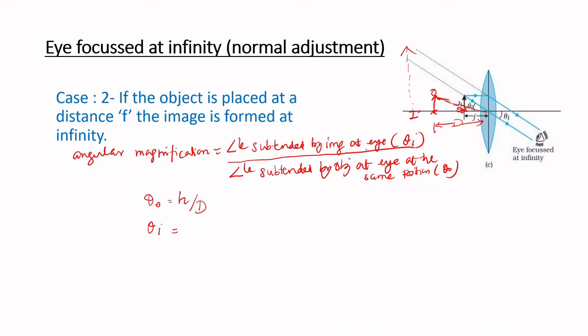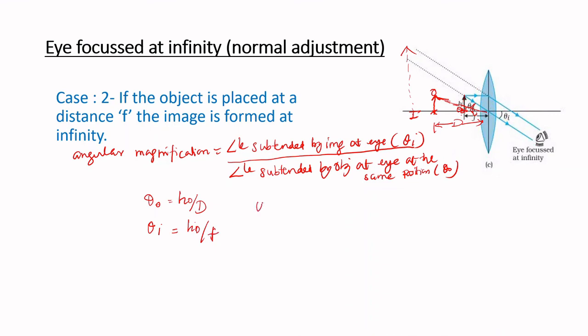Since we already shifted the object to F, from the object's same position the image forms a bigger triangle with an angle theta I. We are finding tan theta O and tan theta I. So tan theta I is nothing but HO divided by F.